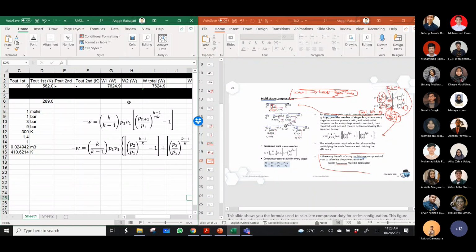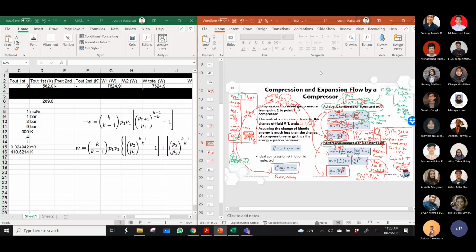Sir, since the work is in joules per mole, that means the specific volume will be over moles too, right? Yep, correct. Because it's actually derived from the ideal gas constant. When you have the ideal gas constant, it's V per N over here.